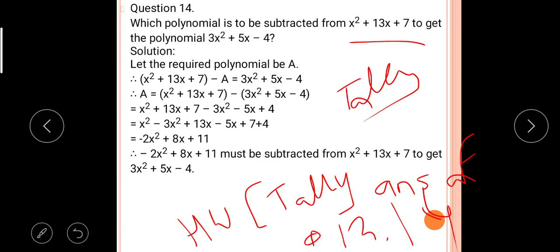Tally means whatever answer you have, you have to subtract it from these and you should get this one. Okay, so complete your notebook up to the polynomial lesson. From Saturday I will conduct the exam, and on Monday I will start your geometry lesson. Okay, students? Chalo.